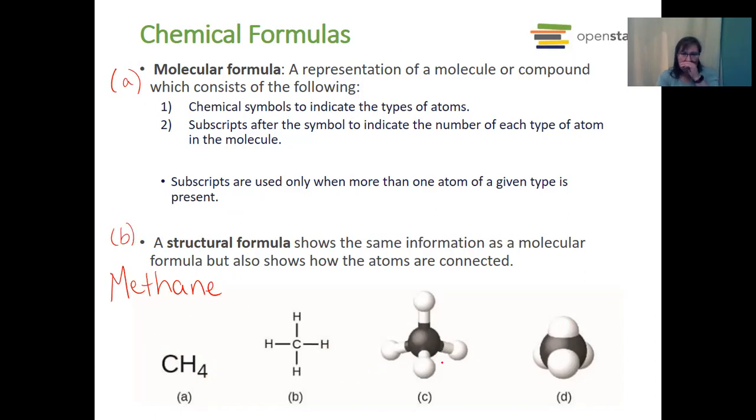Then C and D show a little bit more. We're not really going to get to it until later in the chapter, but C and D sort of show the structural formula in terms of its shape.